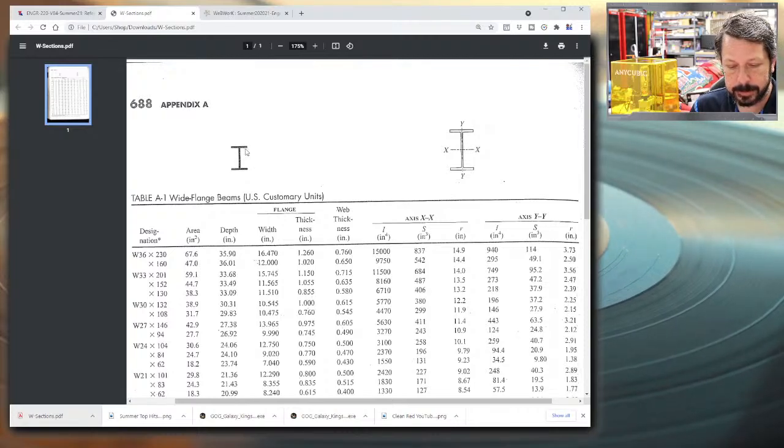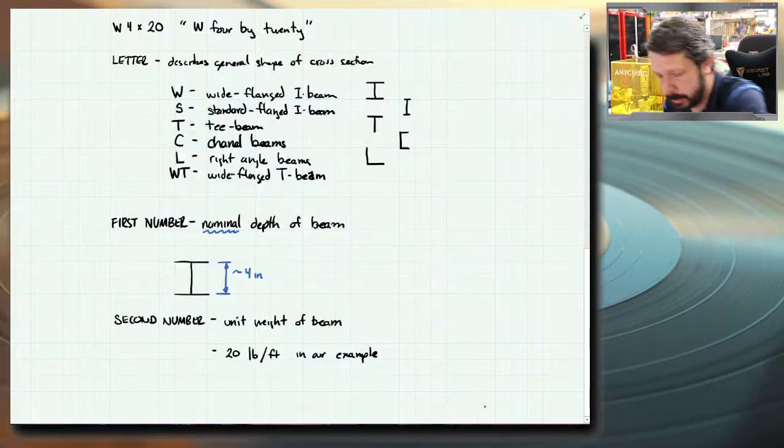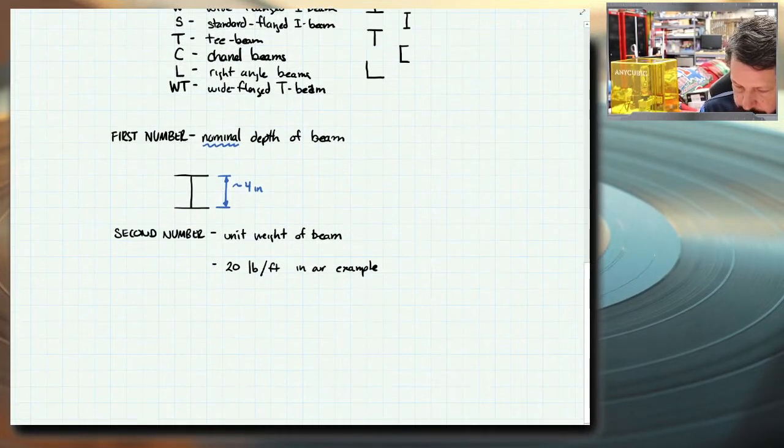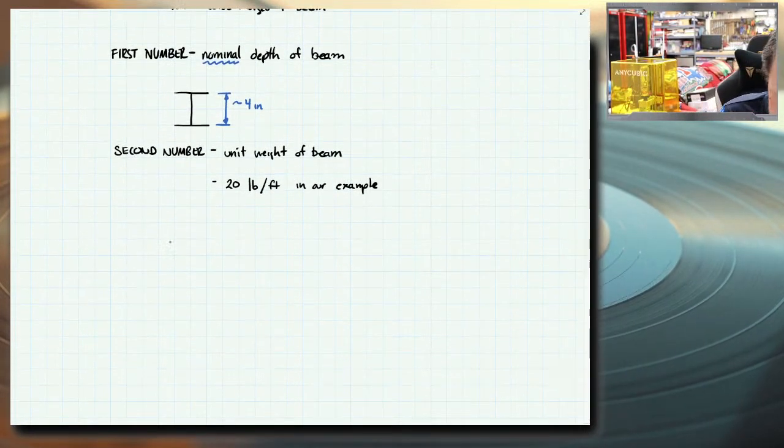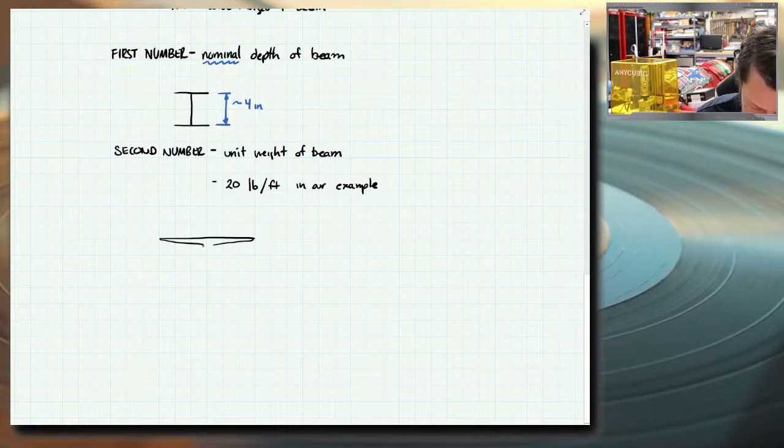Maybe if I draw over on this page, let's do this. So let's name some things here. There'll be a little bit more of this sort of shape to the flanges. Maybe not quite as dramatic as I drew it there, but something like that.